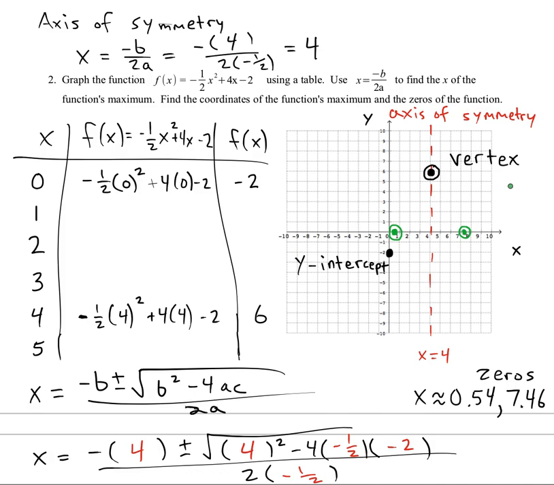Okay, so that's a lot of information. I can definitely start to sketch the curve now, but if I want to be just a little more precise, I may plug in some of these other x values and get outputs for them. So let's try plugging in an x of 1. Okay, I get 1.5 there.